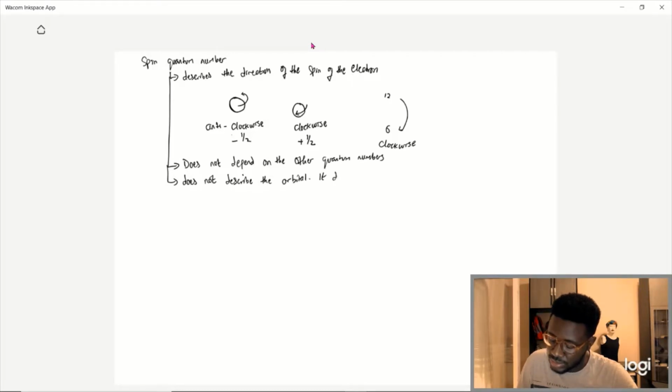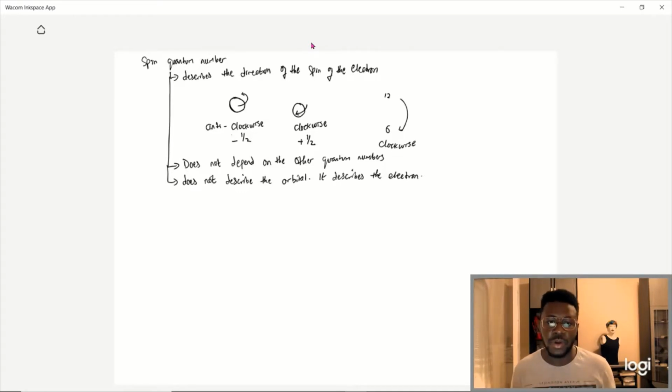It describes the electron. Okay, that's your spin quantum number. So we have finished talking about all of the quantum numbers.